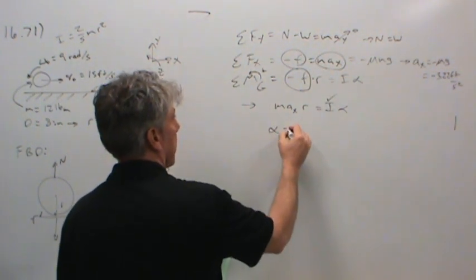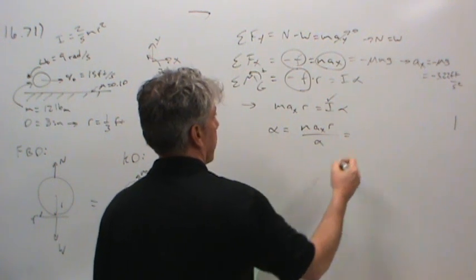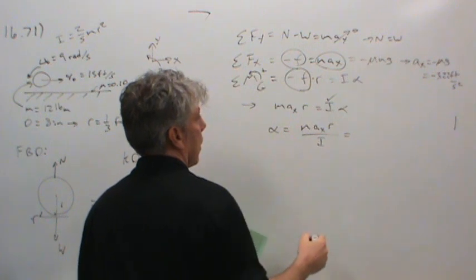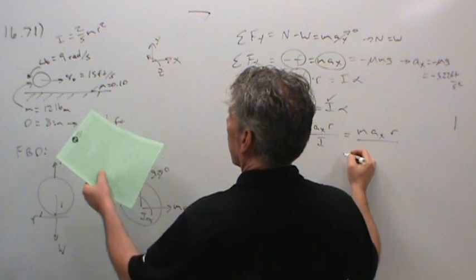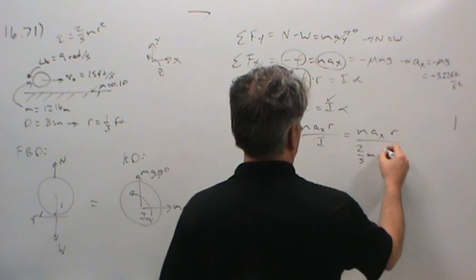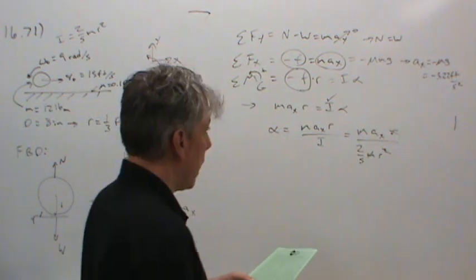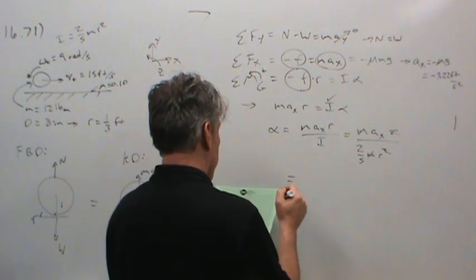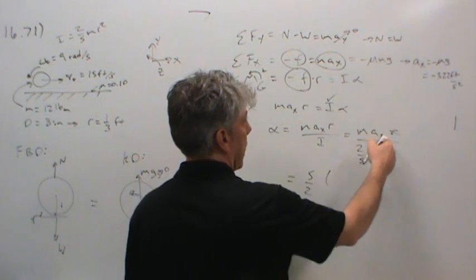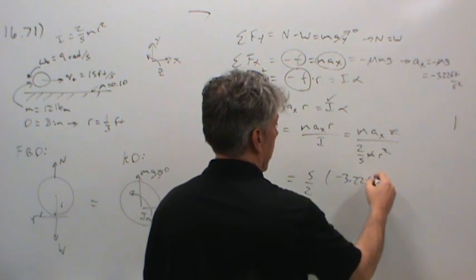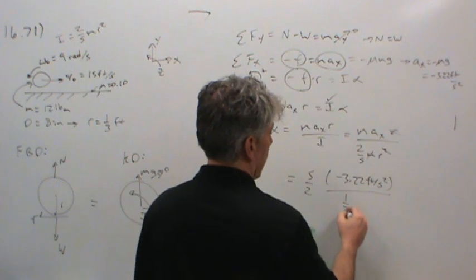In fact, let's rearrange a bit. Alpha equals m a_x R over alpha, or I'm sorry, over I, pardon me. And so this would be m, acceleration in the x direction, r divided by 2/5 m r squared. Look what happens. Well, the radii go away, the mass goes away, and we can write that the angular acceleration then is 5/2, times a_x, negative 3.22 feet per second squared, divided by, the only thing left is the radius, which is 1/3 of a foot.